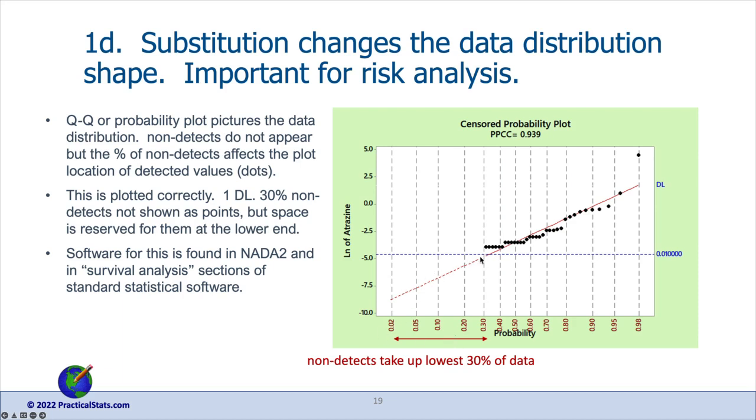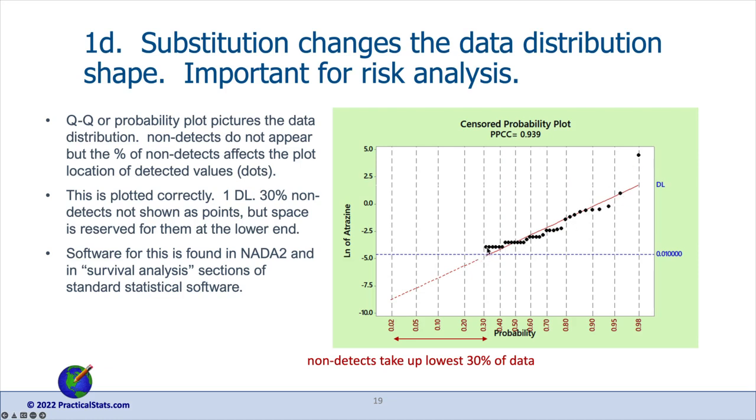So there were 30% of the data that were non-detects at the low end. So you see this first 30% going from 0 up to the 30th percentile. That 30% of the data are blank here. But the fact that they are blank reserves that space for the non-detects, meaning that these detected values are plotted at their correct percentiles.